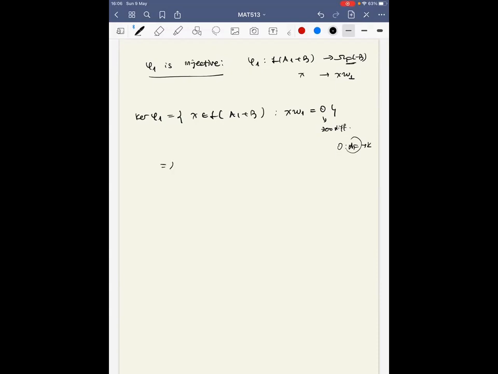Or more explicitly, we want to say for which functions x the image of every adele alpha is zero, which is the zero of k.